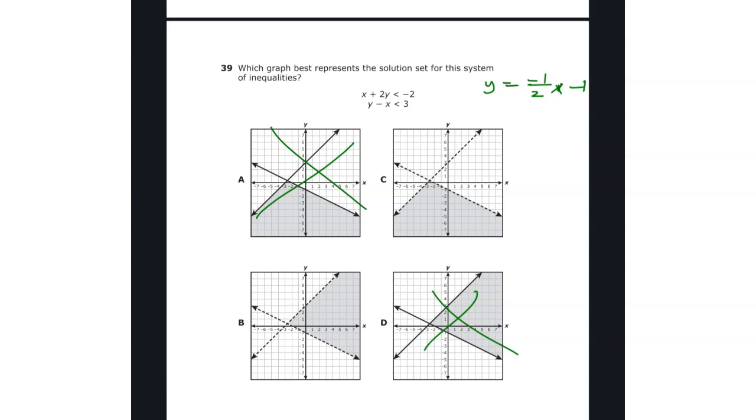Now the other one is y is less than x plus 3. So what we're looking for is two graphs. One of them has a positive slope, the other one has a negative slope. So what I'm going to do is get these functions here and see which one is the best one.